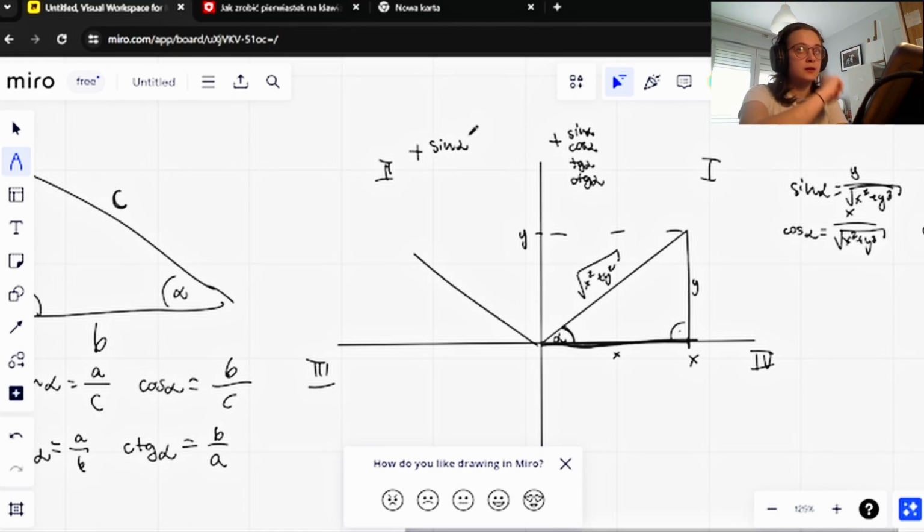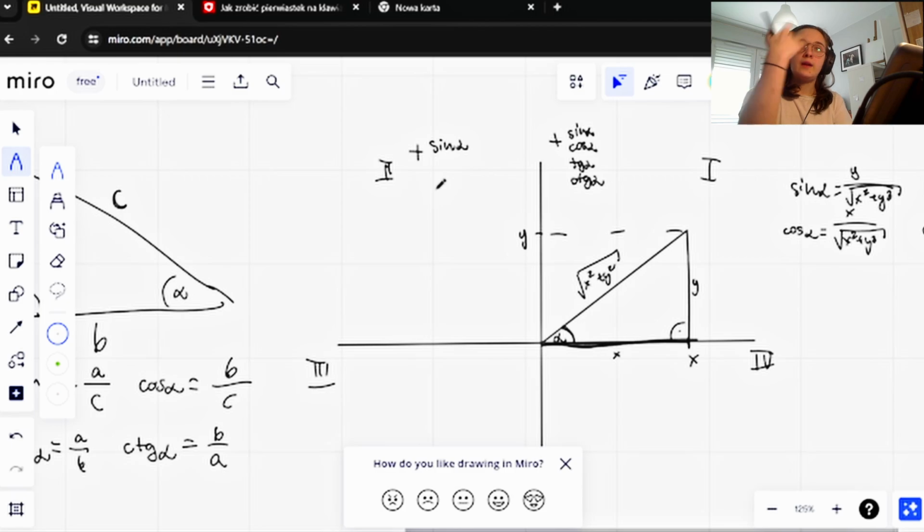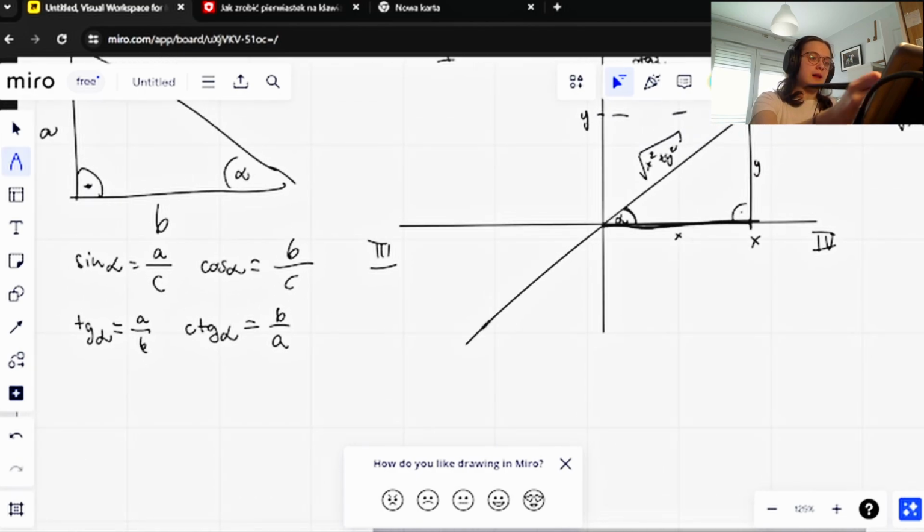Cosinus, on the other hand, isn't, because when negative x is divided by positive, it equals negative. And when we have negative and positive, it gives negative when we divide them by each other. So the only thing that will be positive here is sinus.